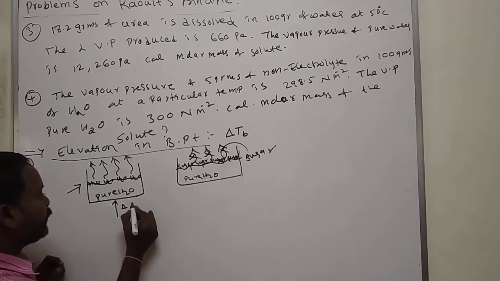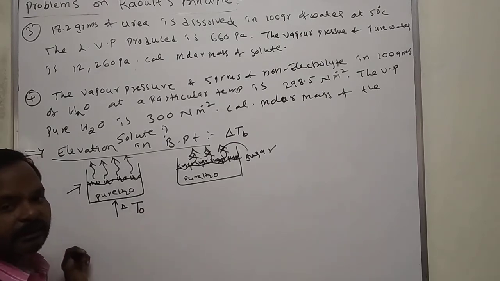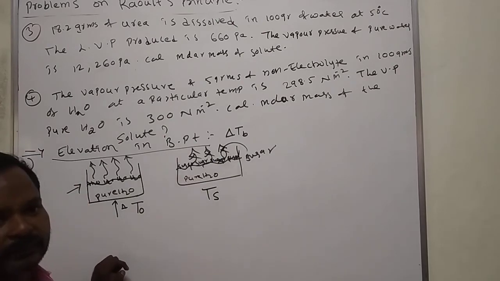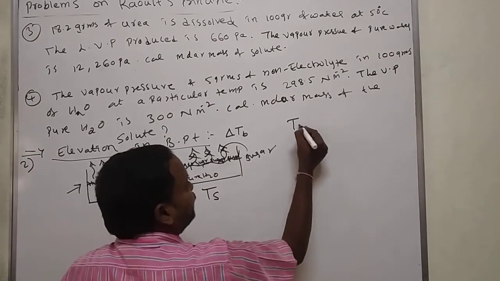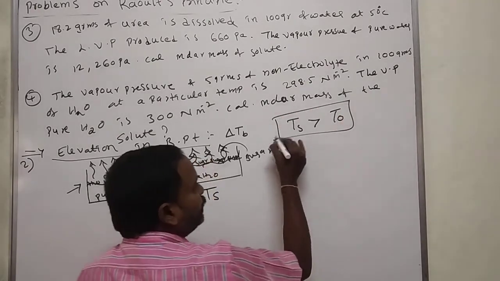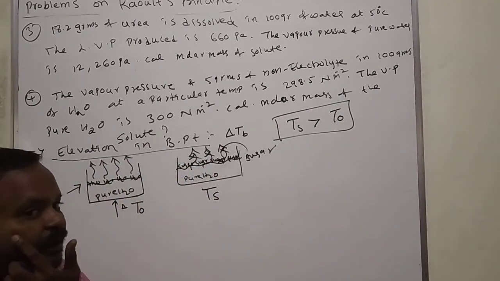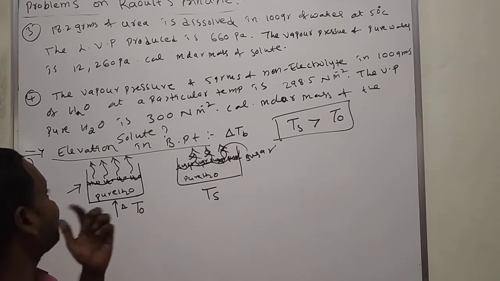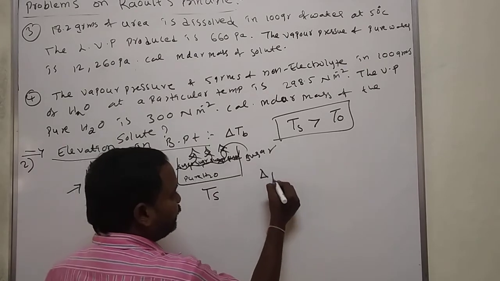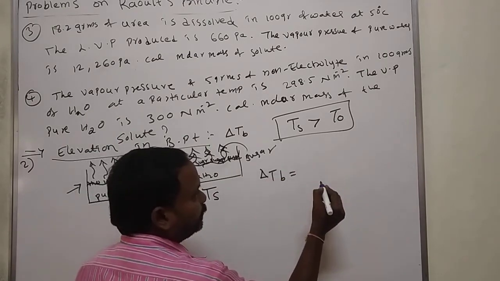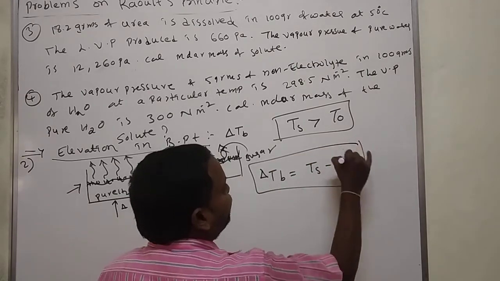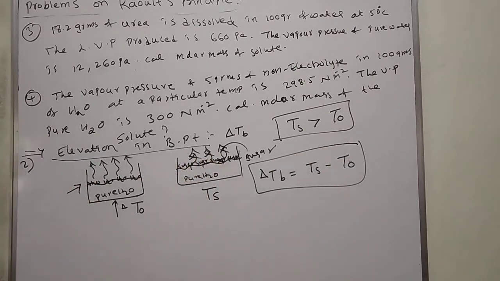The boiling point of pure solvent is indicated with T naught, and the boiling point of solution with Ts. Always Ts is greater than T naught. That is what we call elevation in boiling point, indicated with delta Tb. Here delta Tb is equal to Ts minus T0.